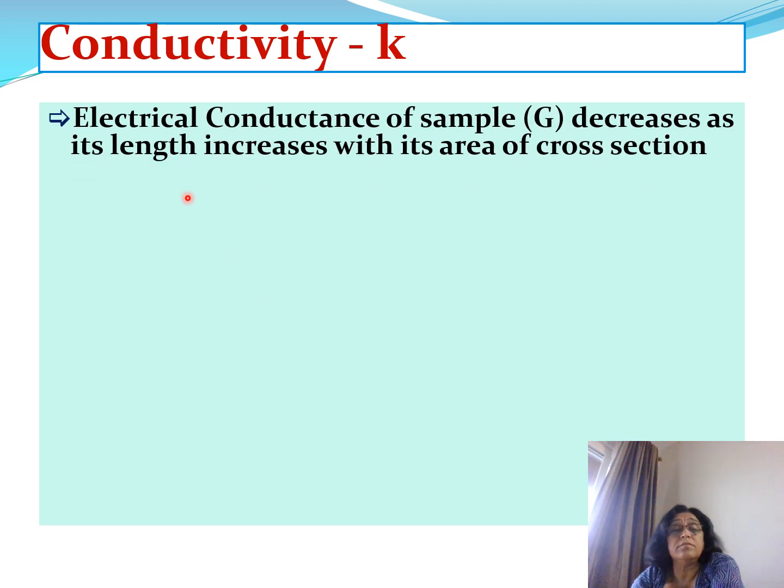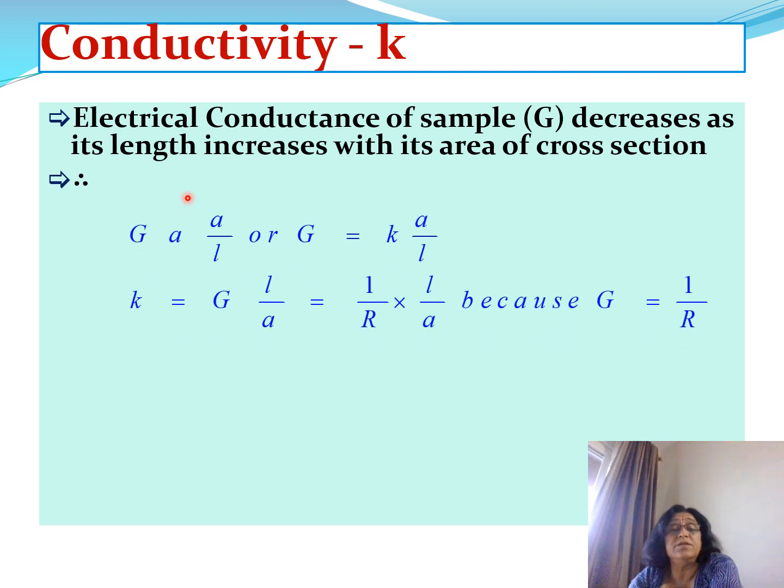Conductivity. Electrical conductance of the sample G decreases as its length increases, and it increases with its cross-sectional area. That means G is directly proportional to A and inversely proportional to L. Or we can say G is equal to K into A upon L. So what is K? K is G into L upon A. G is conductance and L upon A is the cell constant.